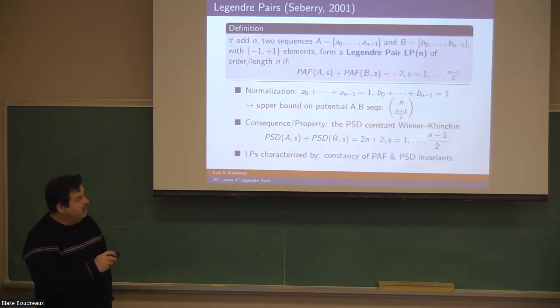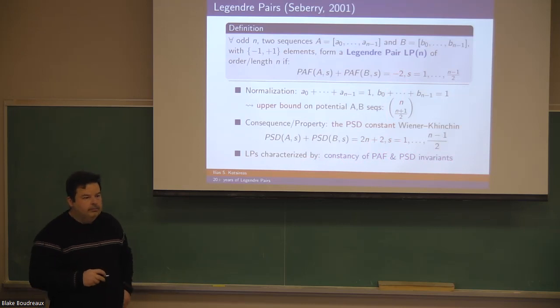This constant doesn't depend on n, this one does. So in summary, Legendre pairs are characterized by the constancy of these two invariants: the periodic autocorrelation function, PAF, with constant -2, and the PSD with constant 2n + 2.